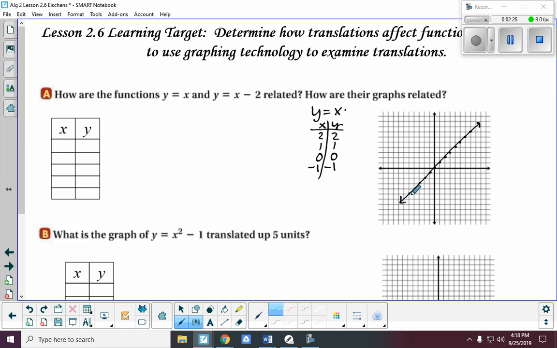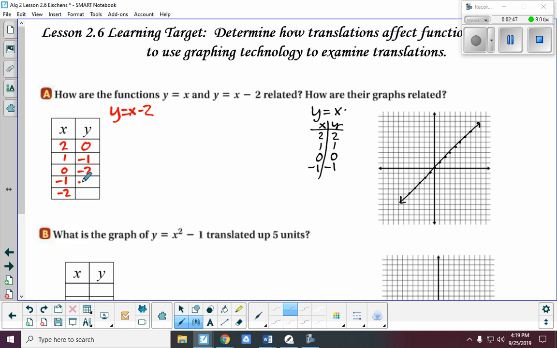Okay, now let's plug in some points over here for the function y equals x minus 2. So we will put in the points 2, 1, 0, minus 1, minus 2. So 2 minus 2 is 0. 1 minus 2 is negative 1. 0 minus 2 is negative 2.